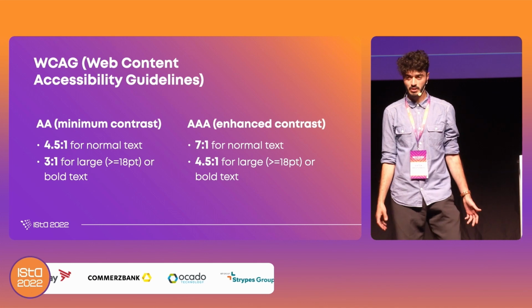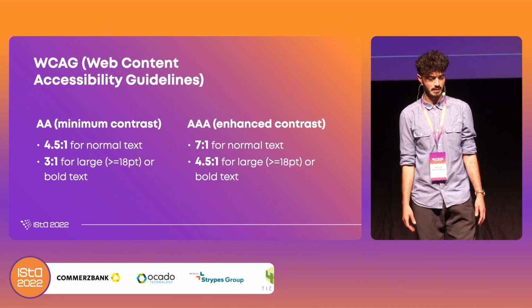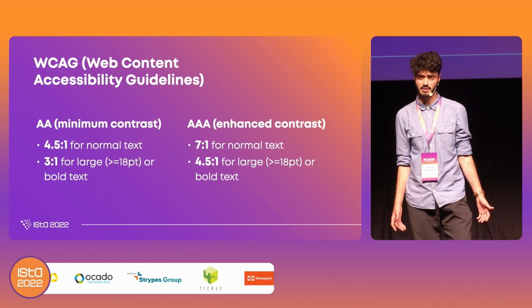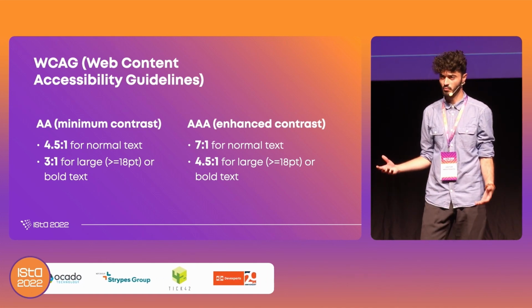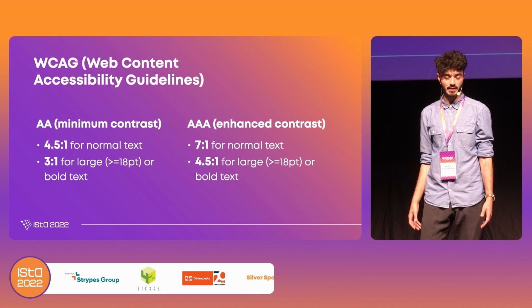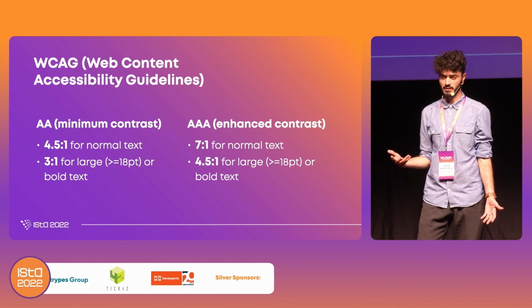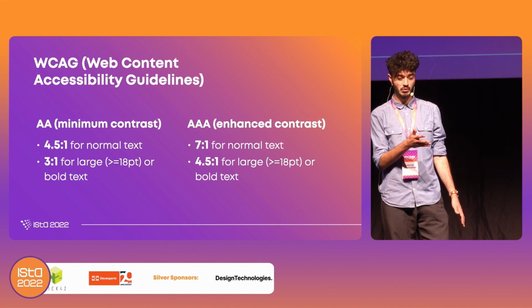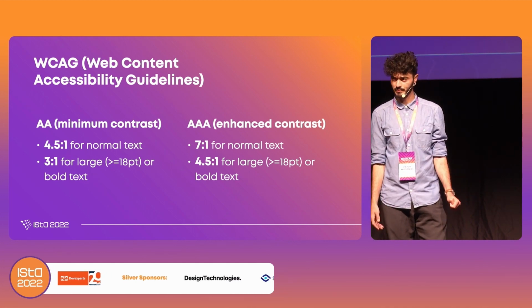And actually, there are different kinds of guidelines. One of them is the Web Content Accessibility Guidelines, which is the worldwide guideline, and they define two standards. Actually, they have more than 70, but these are two pretty easy to follow.